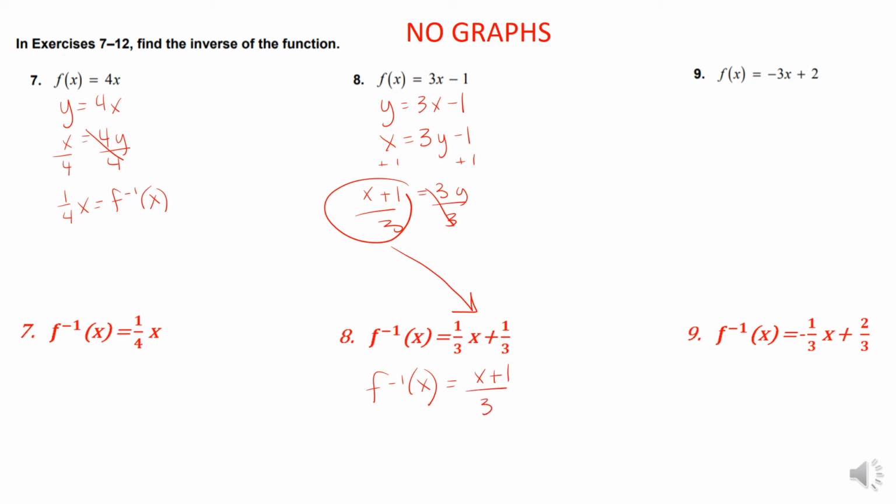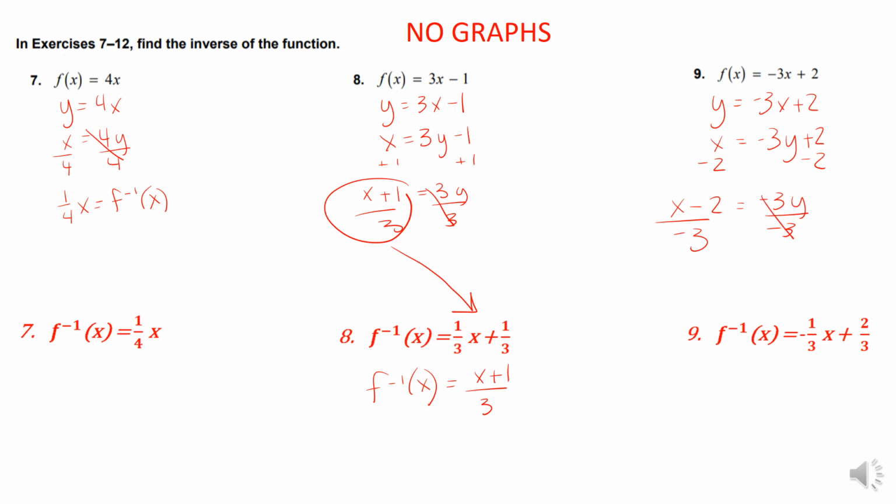Okay? Over here, y equals negative 3x plus 2. Switch the x and y. Subtract 2. Always do the adding and subtracting first. Think of it as reverse PEMDAS. Divide everything by negative 3.